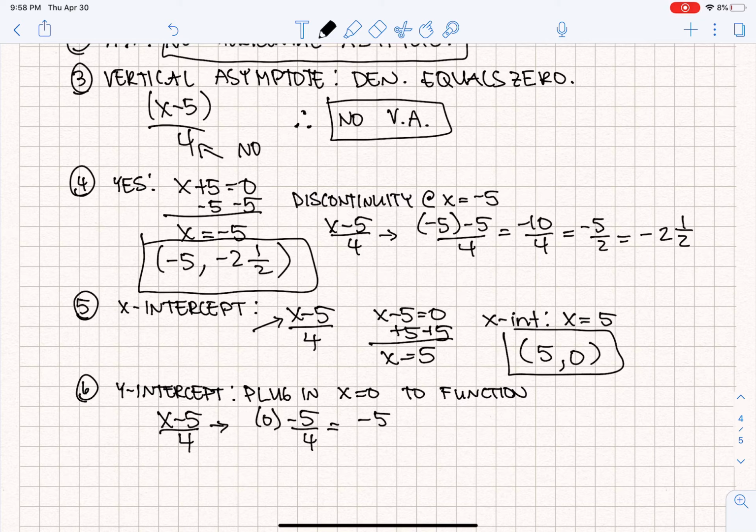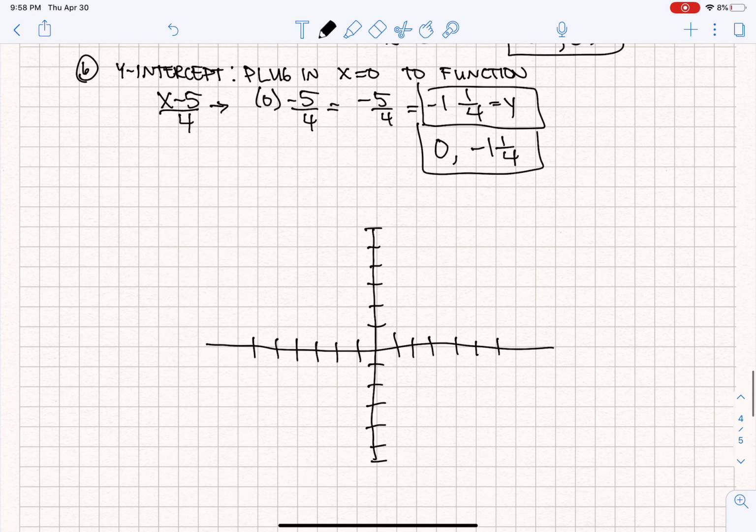So here I have -5 over 4, or I can write it as -1 1/4. Okay, so that is my y-intercept, right? I could write that as an ordered pair: when x equals 0, y is -1 1/4. All right, so I can put that on the graph.